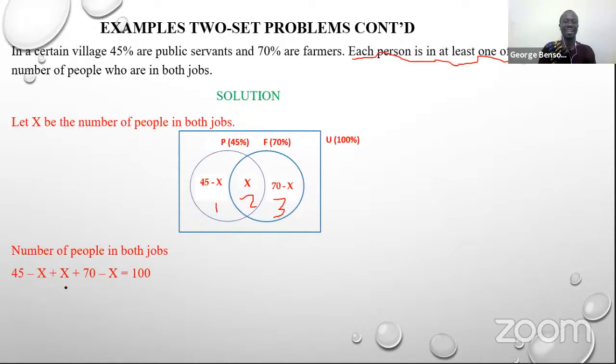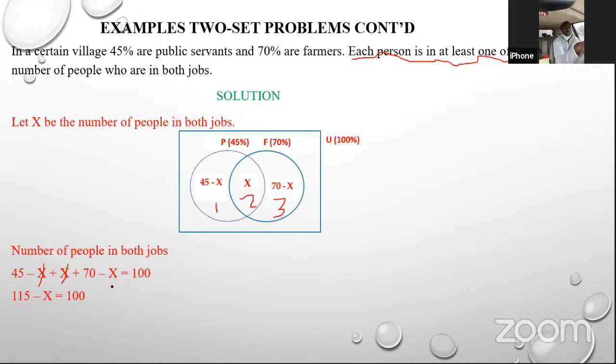So in our first case, this X is negative, this X is negative, so we add them. We will add this 45 to 70, and that will bring us to 115. My calculator is faulty, so yes, it's 115. So 115 minus 2X is equal to 100.